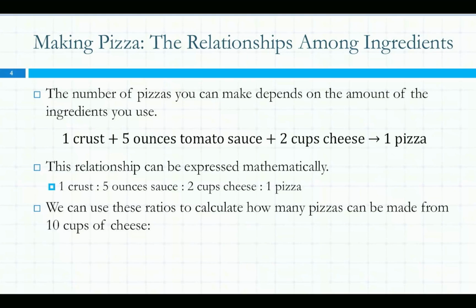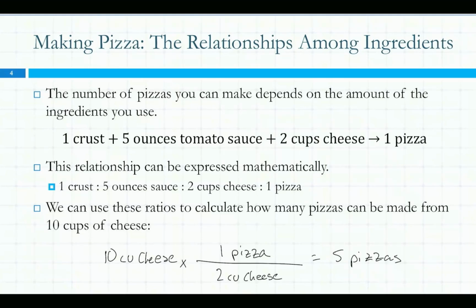So if I have 10 cups of cheese and I want to figure out how many pizzas I can make, then I would use the ratio of cups of cheese to pizzas. 2 cups of cheese would give me 1 pizza. So 10 divided by 2 equals 5 pizzas.